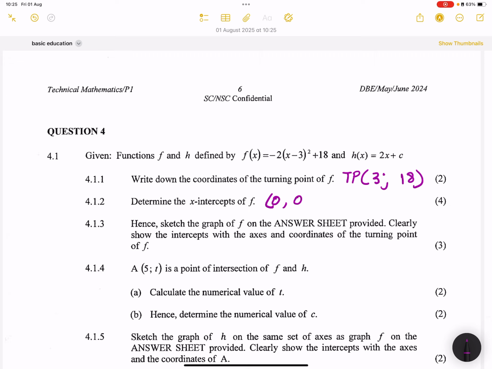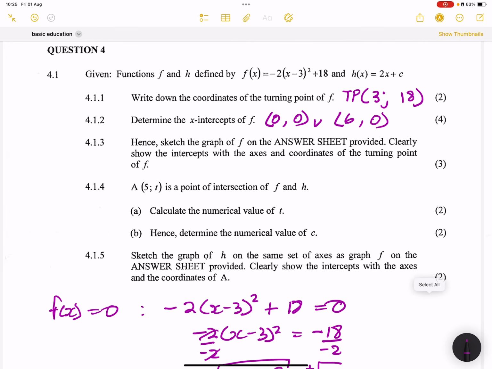Please note, this is at the x-intercept, so our y value is always 0, as well as 6 and 0. So those are the two x-intercepts that we have.